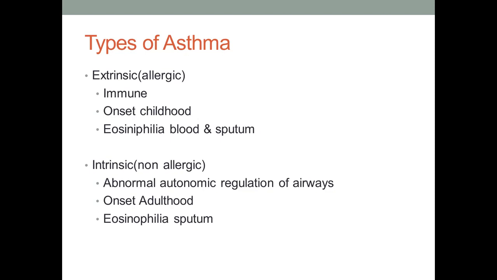There will be eosinophilia in blood and sputum, while in non-allergic asthma, there will be abnormal autonomic regulation of airways. And this type of asthma will start in adulthood. And there may not be blood eosinophilia, but sputum eosinophilia will be present. So these are the two types. One is intrinsic and the other is extrinsic asthma.